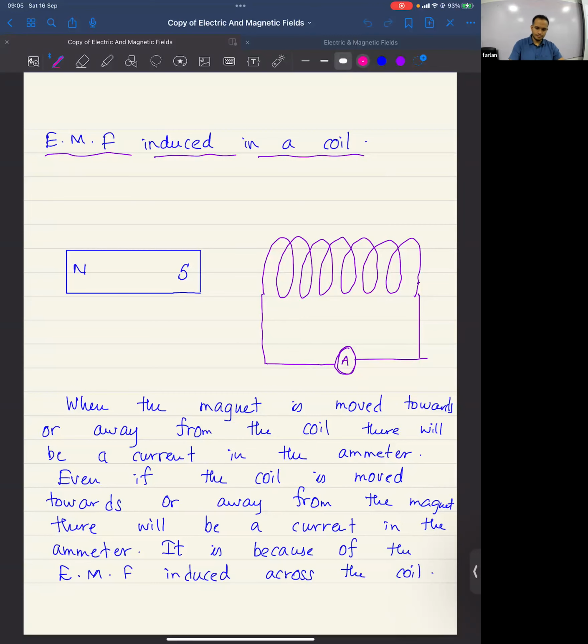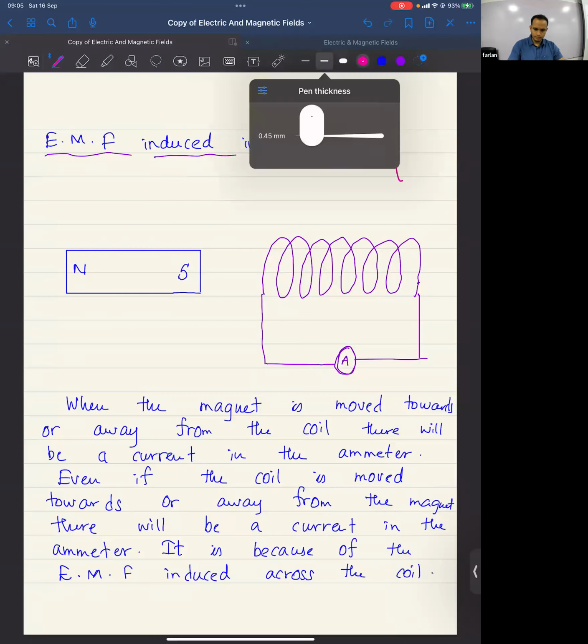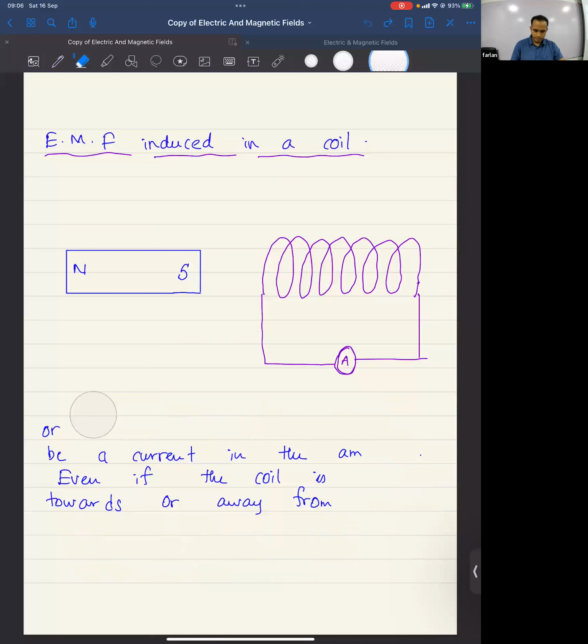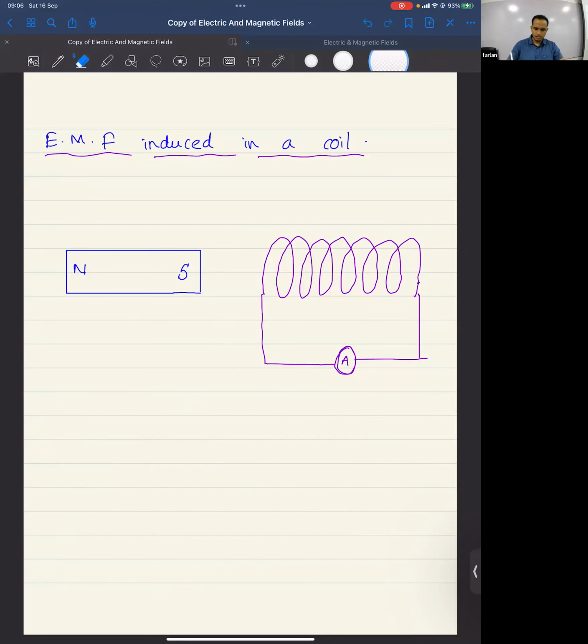Okay. Let's draw this diagram. There's a bar magnet, and there's a coil next to it, and an ammeter is connected to the coil.